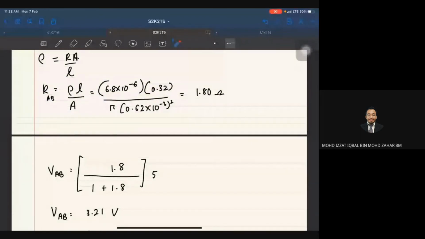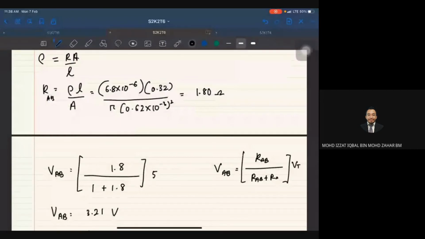From there, you have to use the equation for potential divider, which is VAB equals to RAB, what we want to find we put on top, divided by RAB plus the other one, R2, and then you have to multiply with the V terminal. So as a result, I get 3.21 over there.